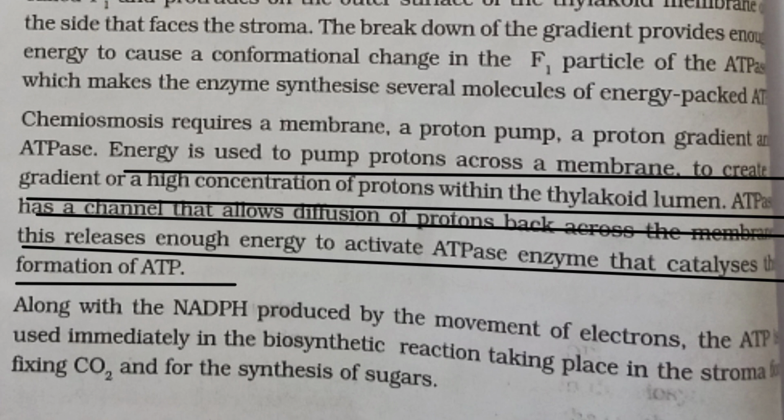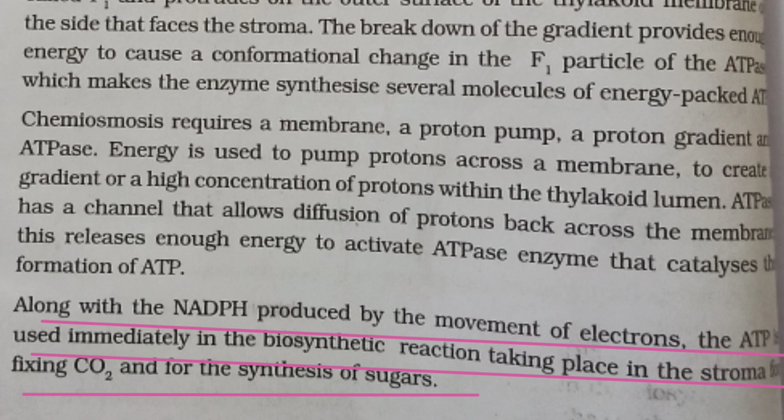This releases enough energy to activate the ATPase enzyme that catalyzes the formation of ATP. Along with the NADPH produced by the movement of electrons, the ATP is used immediately in the biosynthetic reactions taking place in the stroma for fixing of CO2 and the synthesis of sugars.